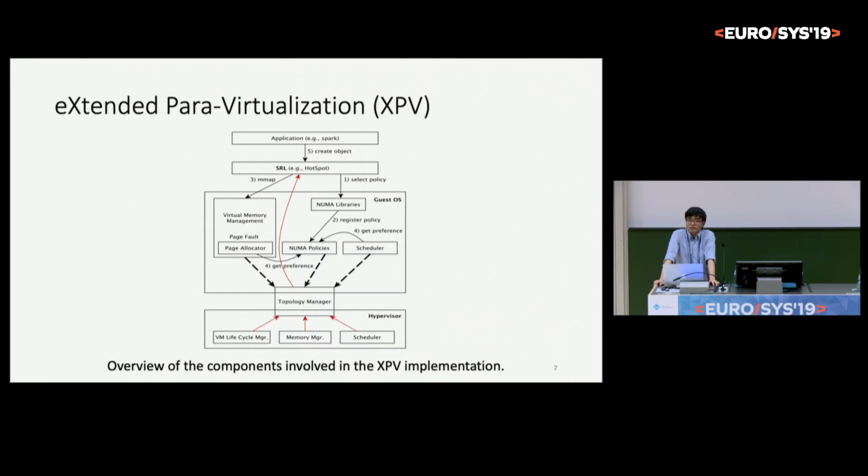The red one represents the notification when there are changes in topology. Here we have a topology manager or driver between the guest OS and the hypervisor. It means a part of this driver will be located in the guest OS and the other part will be implemented inside the hypervisor.